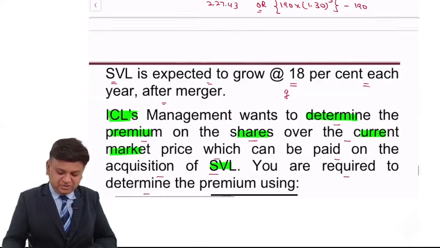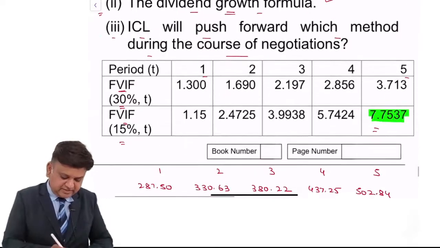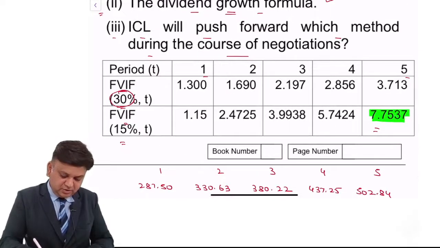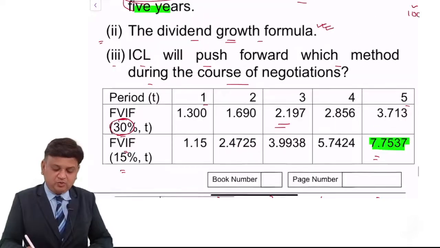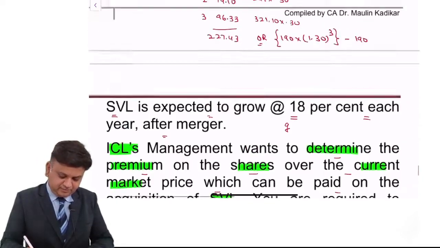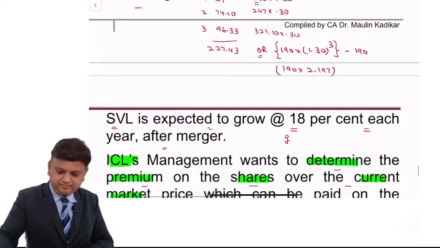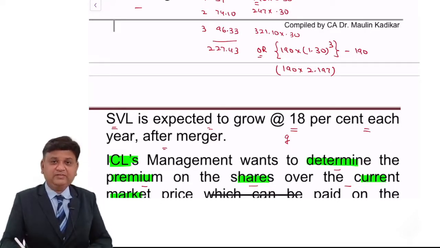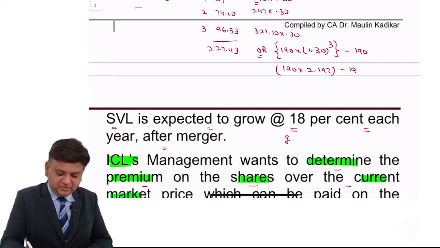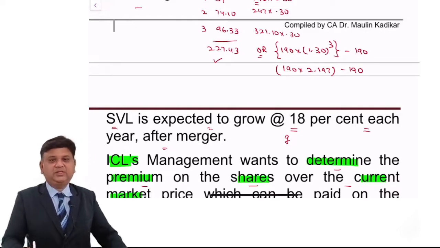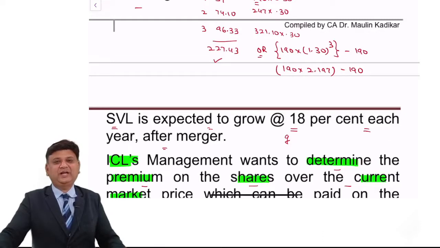So you'll get the appreciation amount. For the 30%, the 3 years future value factor is 2.197. So 190 into 2.197 is 417.43 minus 190. That comes to 227.43. That is also the way you can calculate the answer.